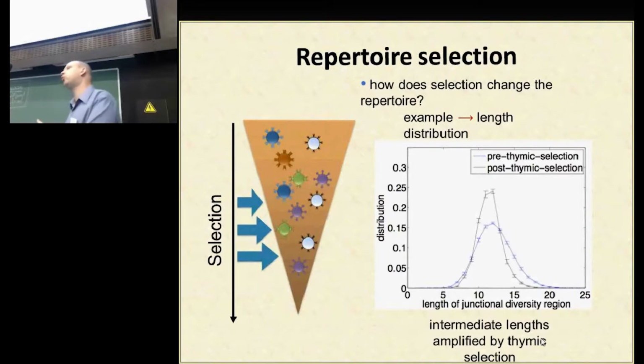And we wanted to try to quantify this in a more general way, and find out which factors make a sequence good or bad for selection. So the idea is to do exactly this kind of comparison between before selection and after selection.